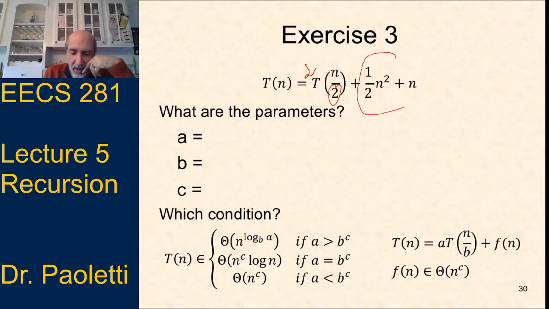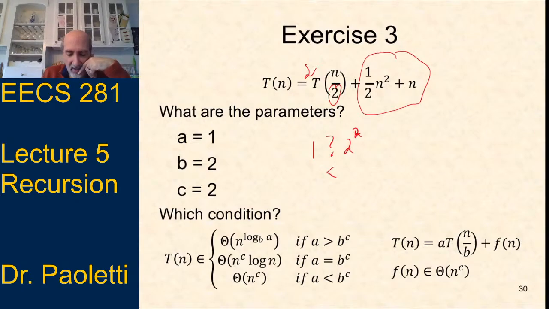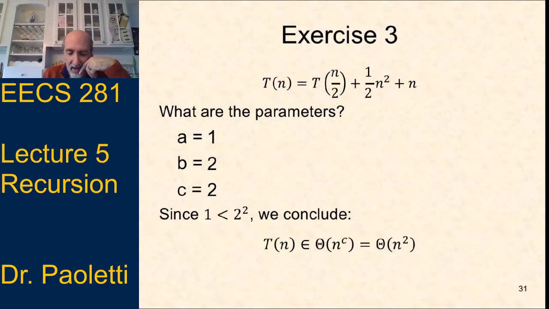C is the power of this thing, looks like a second order polynomial or a squared, so C is equal to 2. So we've got 1, 2, 2. How is A related to B to the C power? So how is 1 related to 2 squared? 2 squared would be bigger, so A is less than. So we're in that third case, and we've got big theta of n to the C power, which is n squared.